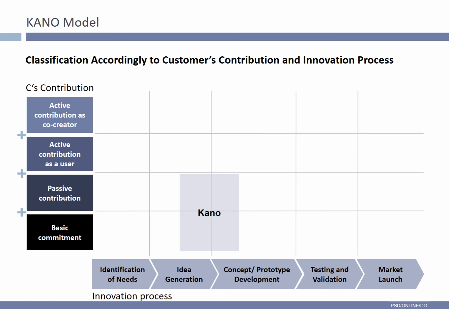Therefore, the Kano model is not a good model for very advanced users, these active contributors or co-creators, because they are so atypical. They have such a different background from Joe and Jane average, from the mass market, that you can ask them these questions, but the results will not be representative for the majority of your customers. So stick with Joe and Jane average users to fill this Kano model.